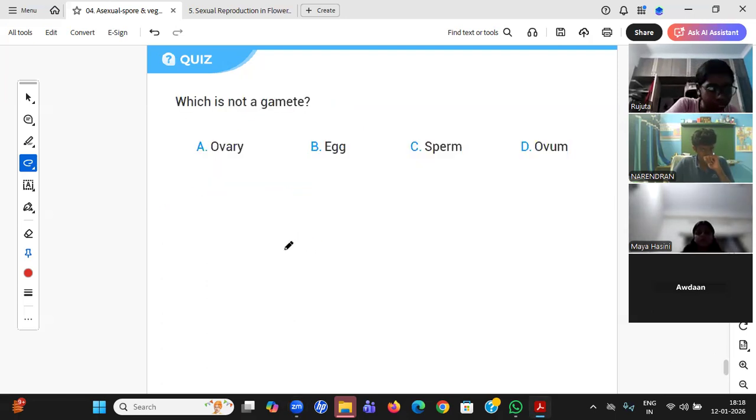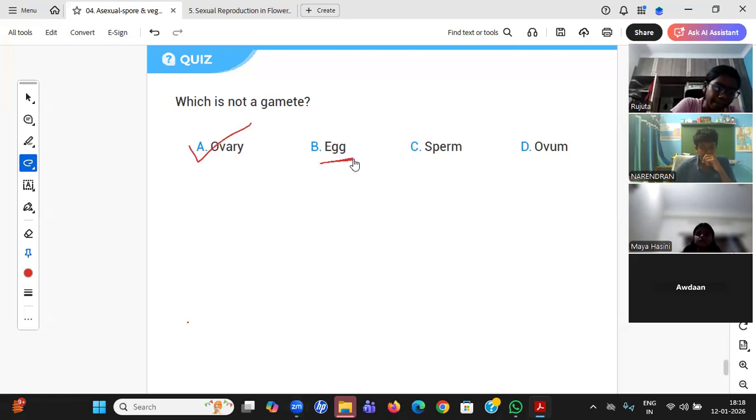Which is not a gamete? I mean to say, which is not a sex cell? Right answer. The ovary is a reproductive organ.